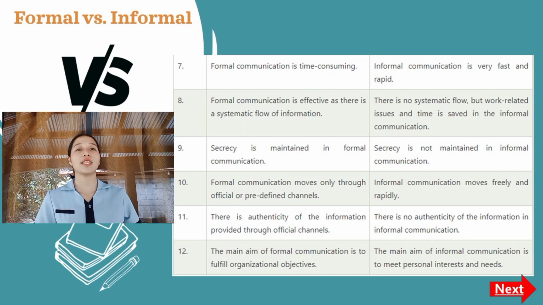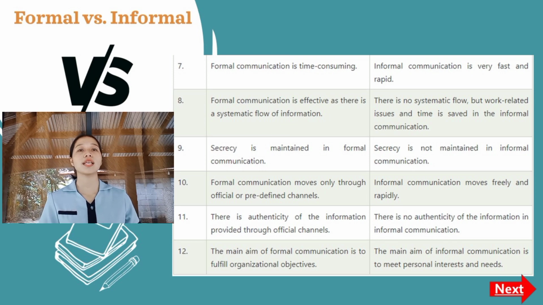The seventh one is formal communication is time consuming, while informal communication is very fast and rapid. The eighth one is formal communication is effective as there is a systematic flow of information, while in informal communication, there is no systematic flow, but work-related issues are handled and time is saved.